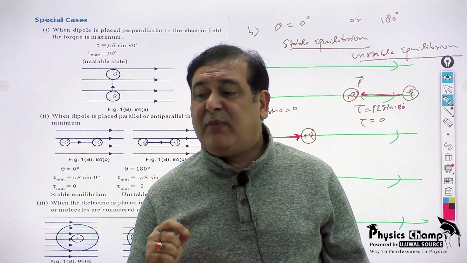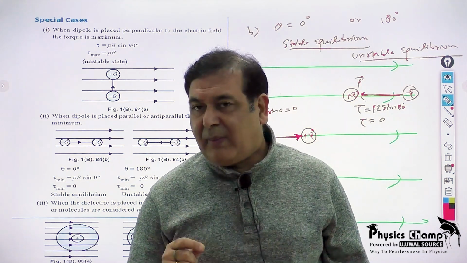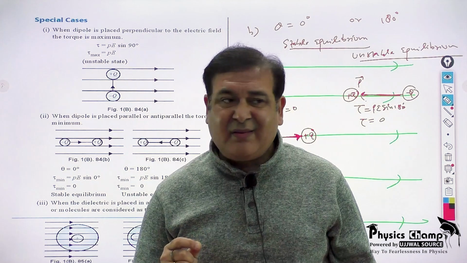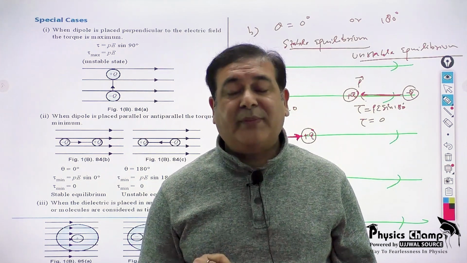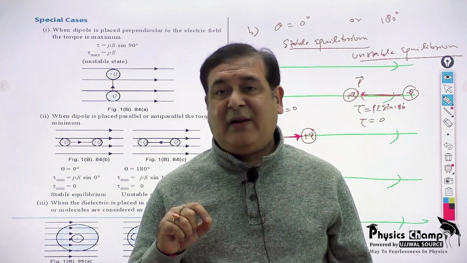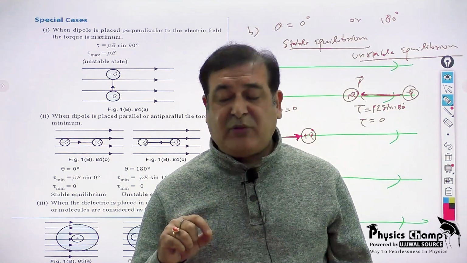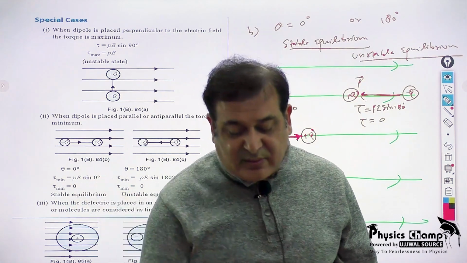What is the difference between stable equilibrium and unstable equilibrium? Stable equilibrium: when you displace slightly and it comes back on its own. And when you displace slightly from the equilibrium position and it just gets further disturbed, it is unstable equilibrium.